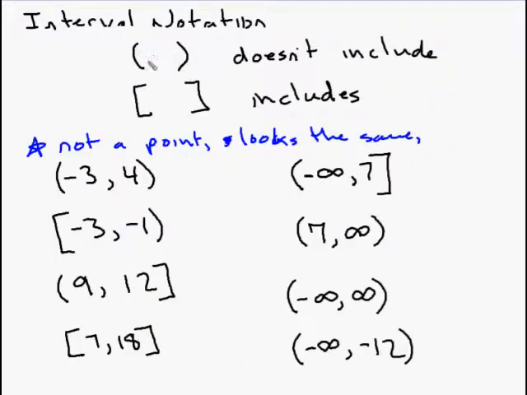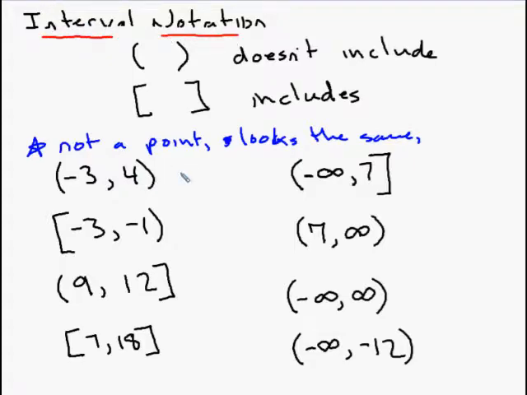All right, interval notation. Now, this does look a lot like points, but we aren't talking about points, we're talking about intervals, and that's like the distance or space between any 2 numbers. So like this one right here, it looks like an ordered pair, a point that you would plot, but when we're thinking of intervals, that's not what we mean.